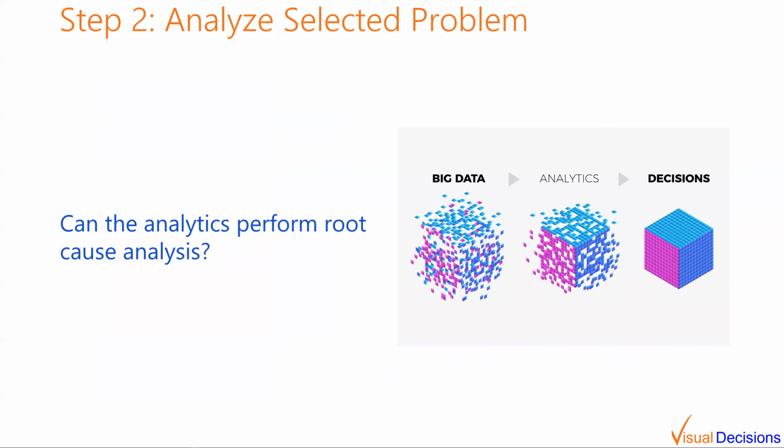So step 2 in this process is analyzing the selected problem. So the question here is, can the analytics actually perform root cause analysis? In addition to just sensing the fact that, hey, we have a problem, temperature has dropped too low, the machine has stopped, et cetera, can they actually determine what the root cause of the problem is, in addition to just identifying the problem itself?